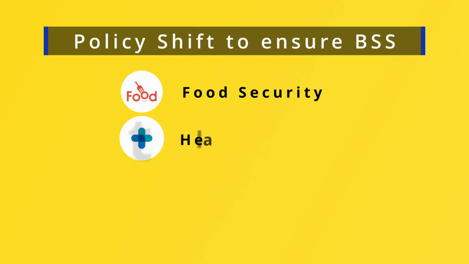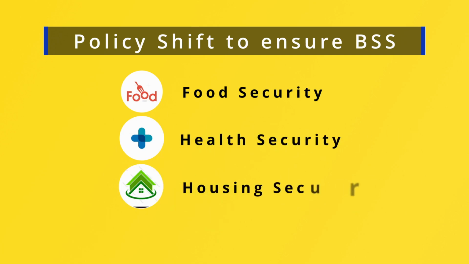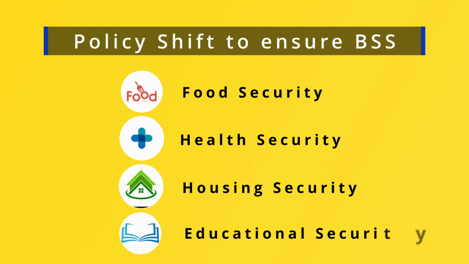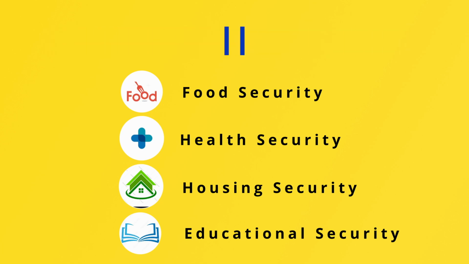So food security is the major problem. Number two, they need good health, so health security has been focused. After that, they need a house to stay, so housing security has been addressed. And if they don't have the knowledge to produce goods and services, they cannot enter the working force. So educational security is a requirement.